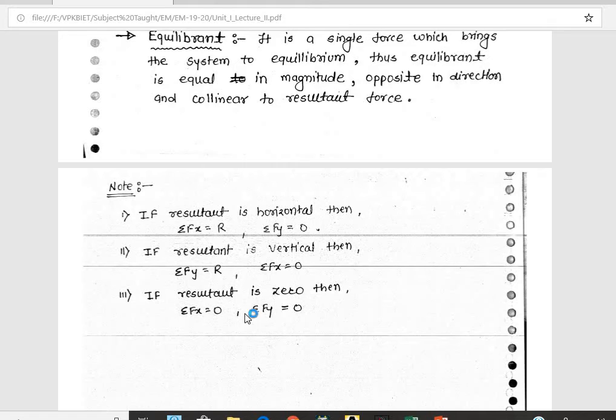If the resultant is 0, then summation Fx as well as summation Fy are both 0. Any one of these conditions may be given in the problem, and based on that you have to decide the values of summation Fx and summation Fy. So please keep these 3 points in mind while solving the examples.